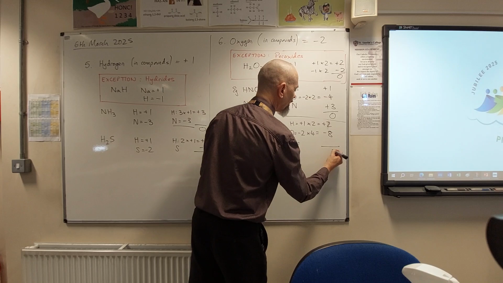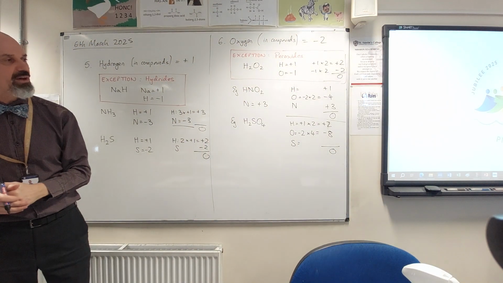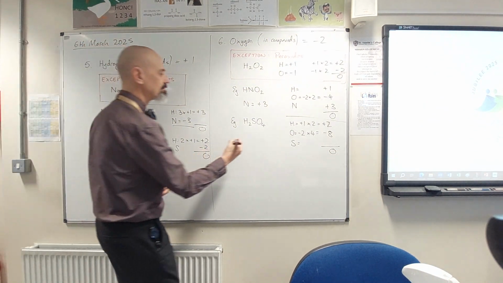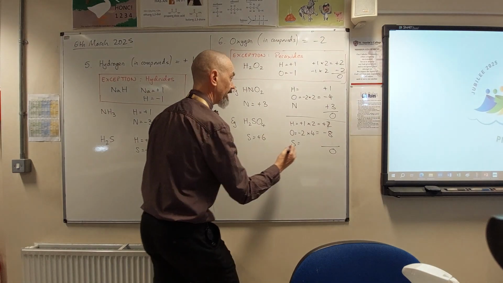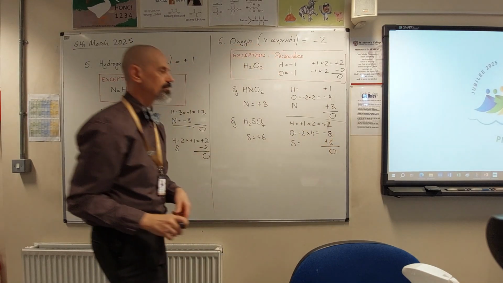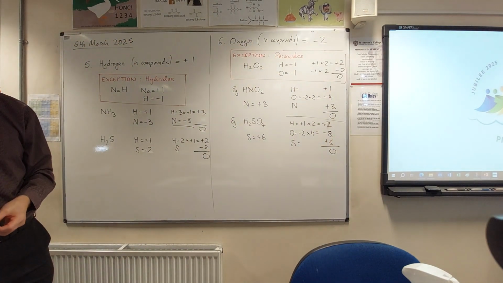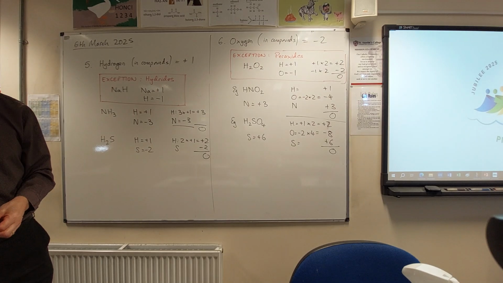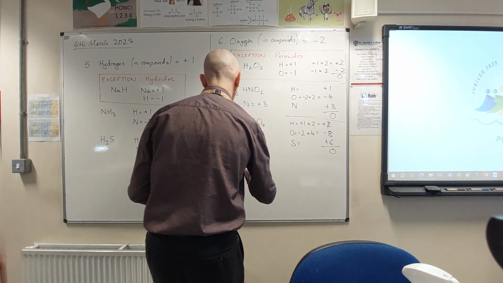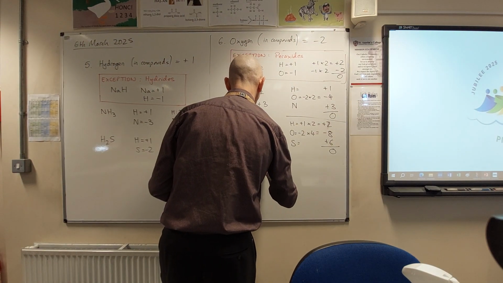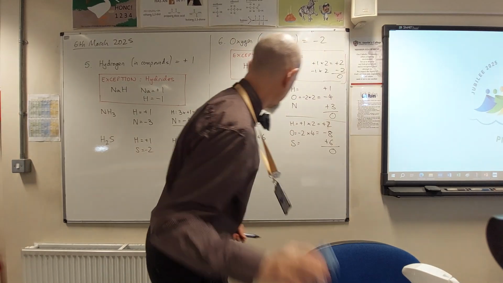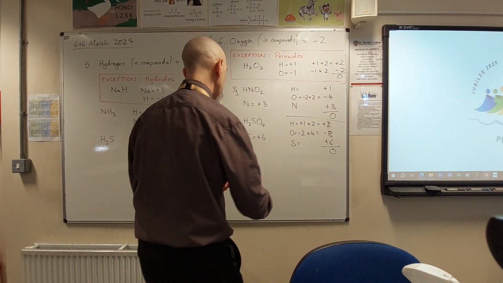And then sulfur is whatever is needed to make it up to 0, which is +6. Let's do a... Sorry, it's not right. Let's do a harder example.